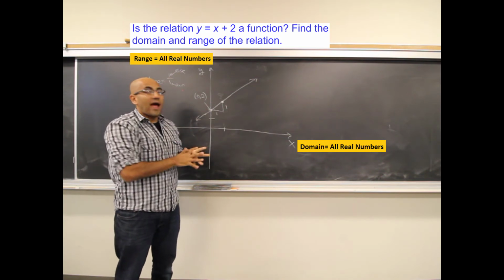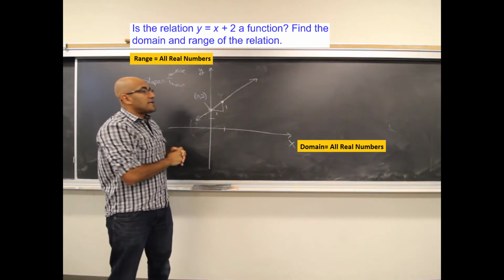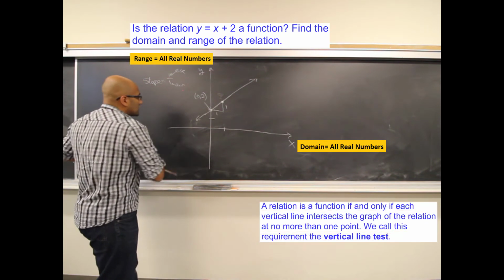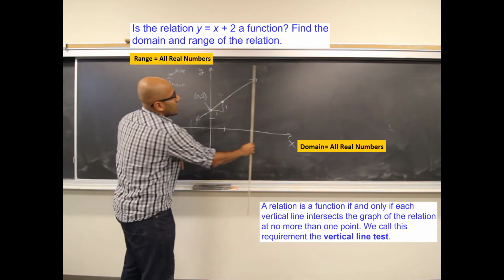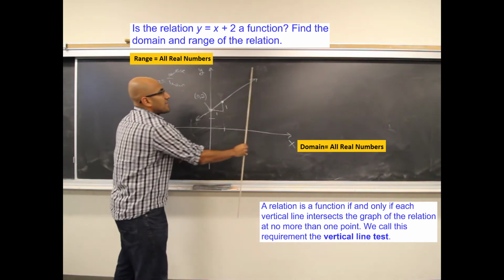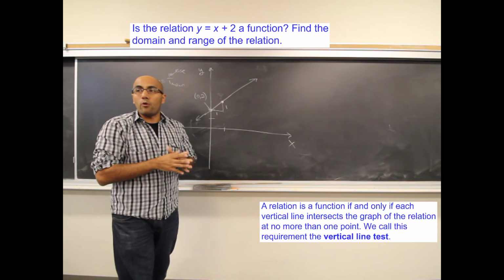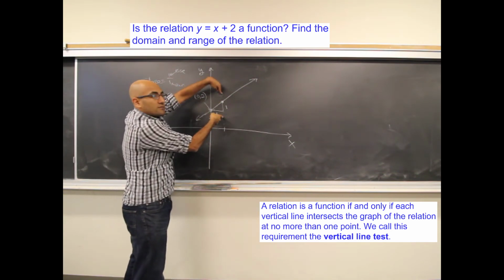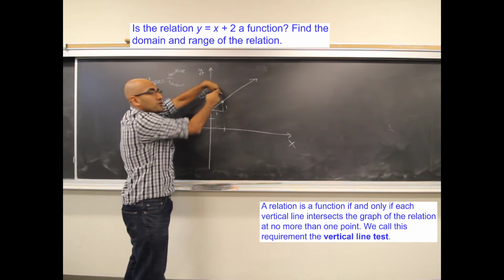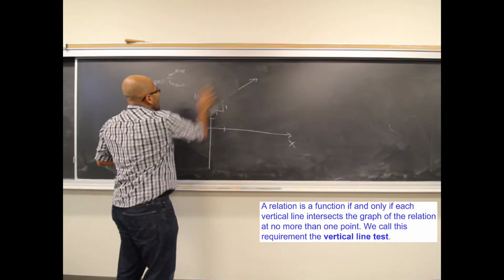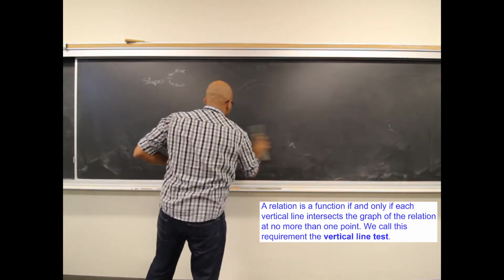Okay, so if we have a graph and we try to determine if it's the graph of a function, that leads us to something we call the vertical line test. All we have to do is sweep this imaginary vertical line across our graph, and if it ever touches the graph at more than one point, then we know there's going to be a case where one x value leads to 2 y values, and we know that that is no longer the graph of a function.